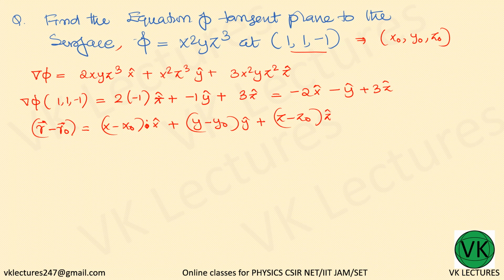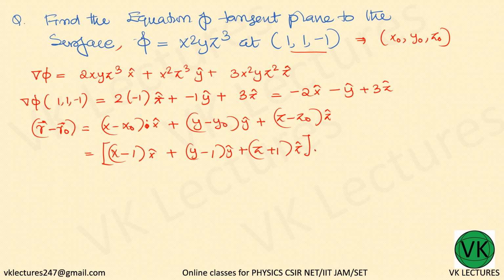So x minus x naught is x minus 1 x cap plus y minus 1 y cap plus z minus minus 1, that is z plus 1, z cap.